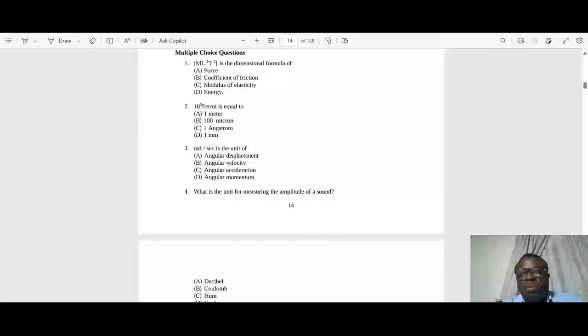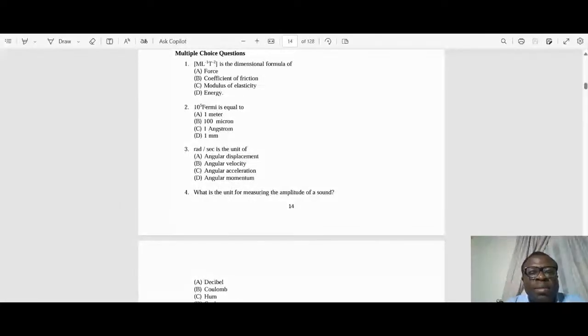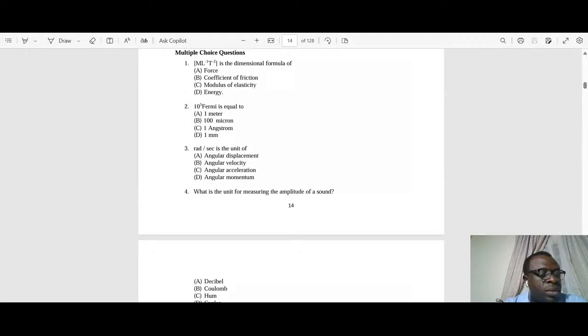Fermi is F-E-R-M-I. Should I take the question again? 10 raised to power 5 Fermi is equal to A, 1 meter; B, 100 micron; C, 1 Angstrom; D, 1 millimeter.